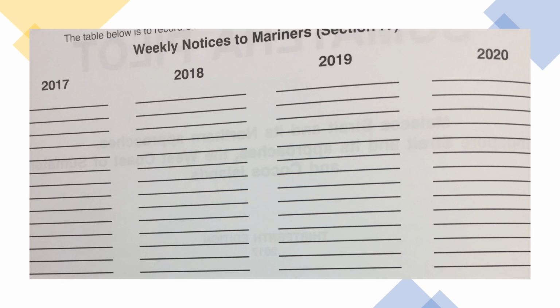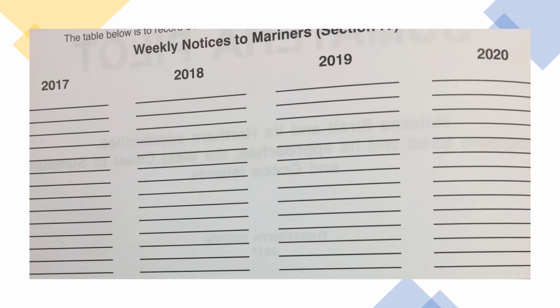So depending on the year's sailing direction, the years are there from here, from 2017, 18, 19, 20, about 4 years. And after that, most likely you are issued a new sailing direction, or before that itself you are issued a new sailing direction. So as soon as you make a correction from the notice to mariner, you have to make a note of the correction number here and the page on which the correction was made. So that is for you to be able to trace it.